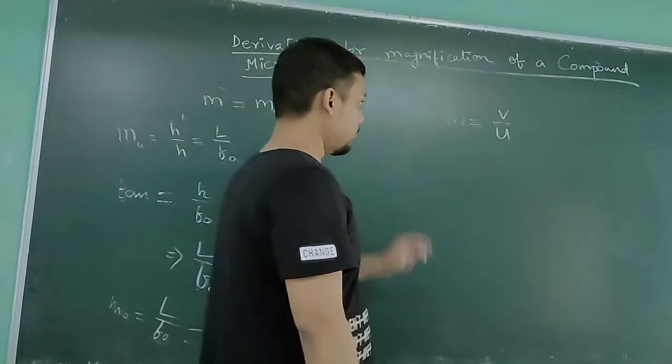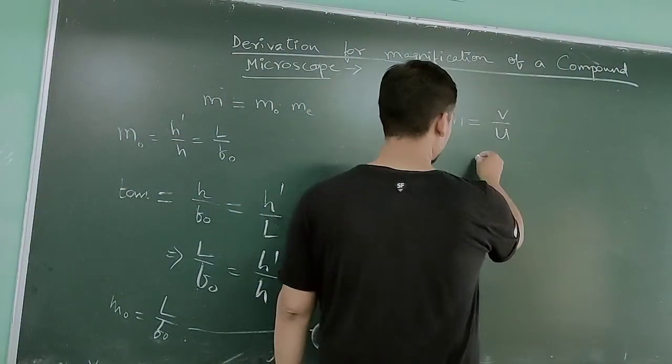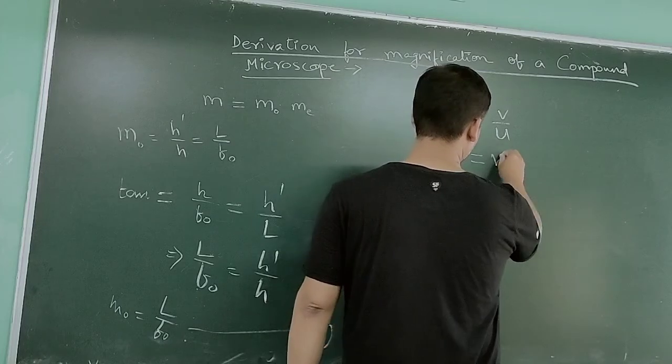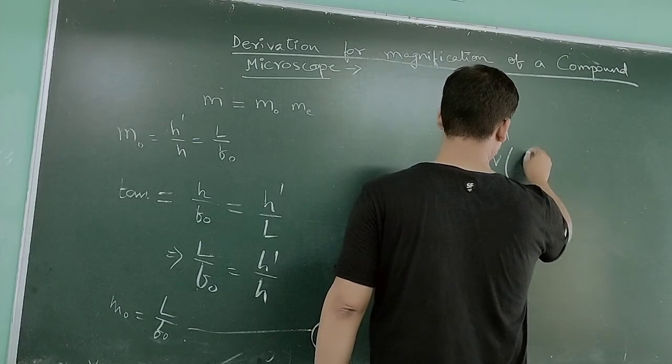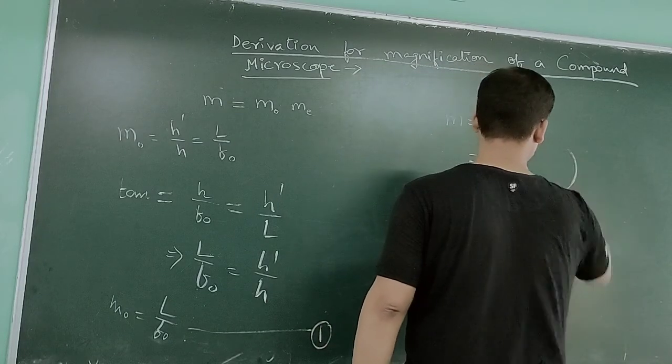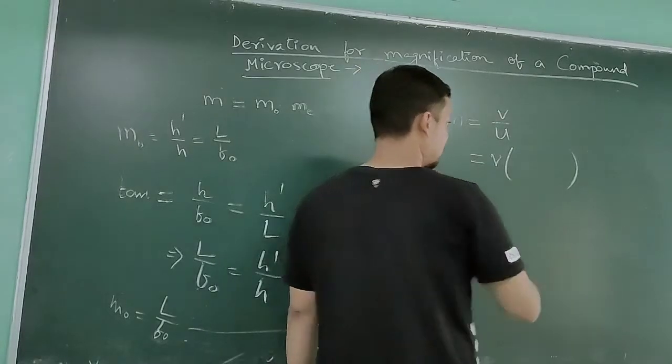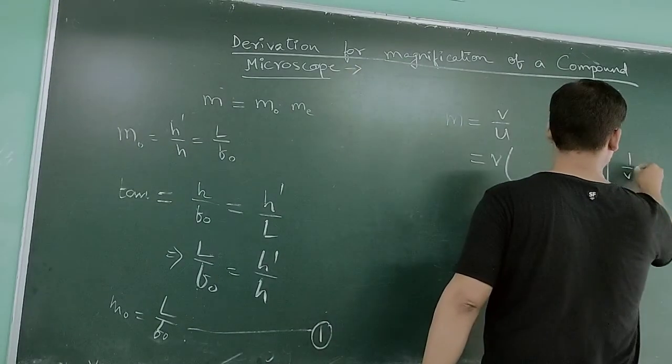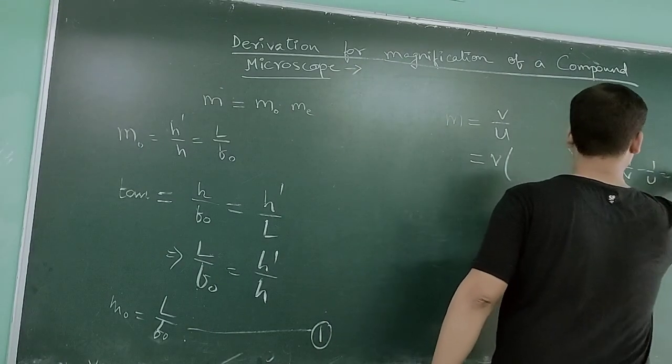Now in place of u, I can write using the mirror formula, 1 by v minus 1 by u is equal to 1 by f.